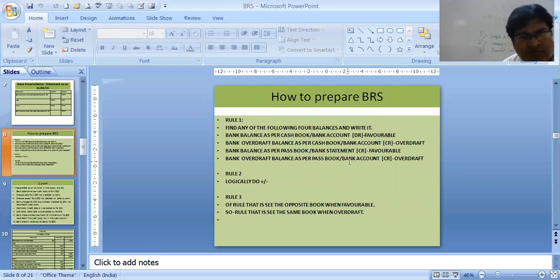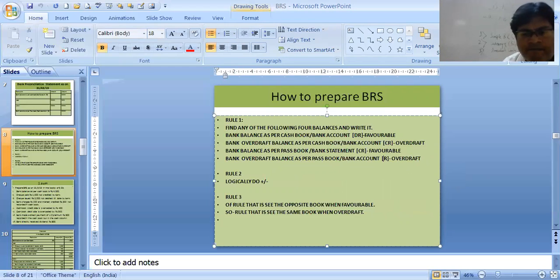Bank overdraft balance as per passbook means we do not have the money, we have taken out more money from the bank. So the bank will have a debit balance in this case. Notice that if bank overdraft balance as per passbook is debit, then bank overdraft as per cash book will be credit.